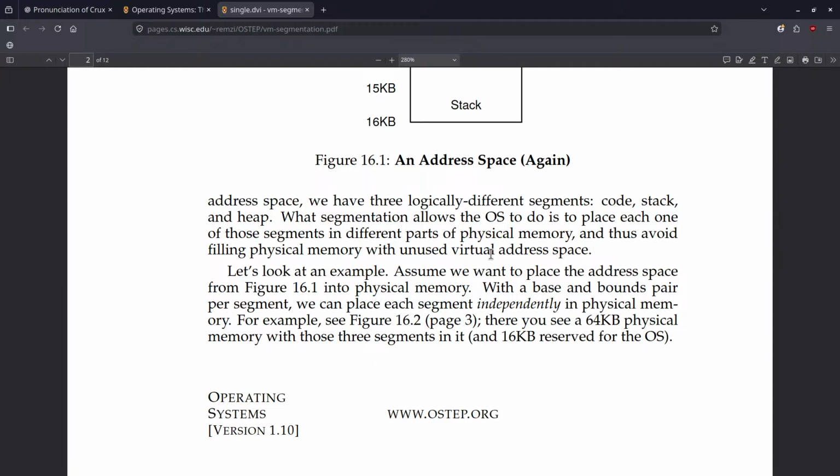Let's look at an example. Assume we want to place the address space from figure 16.1 into physical memory with a base and bounds pair per segment.